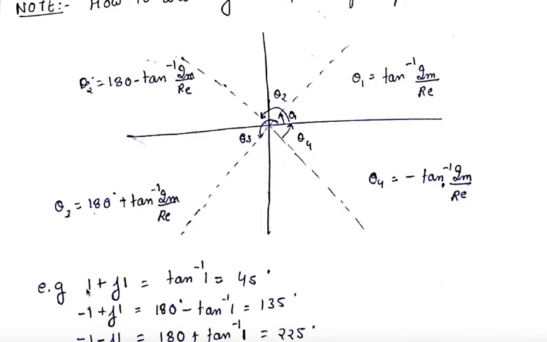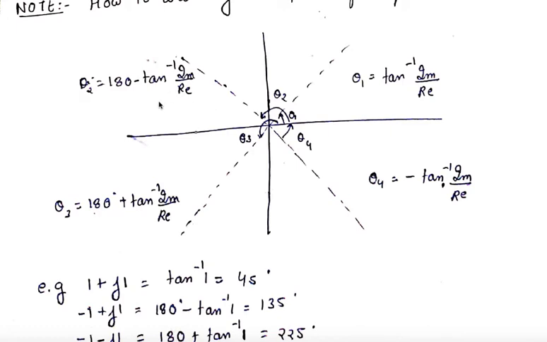So here 1 is positive and j is positive, so we have gone to first quadrant. These signs we have already taken into consideration, you do not have to take them again and again. Like here if minus 1 is given, you should not write minus 1 again. You should only write the values of imaginary and real. So here both are 1. So in this case it would be tan inverse 1, that is 45 degrees.